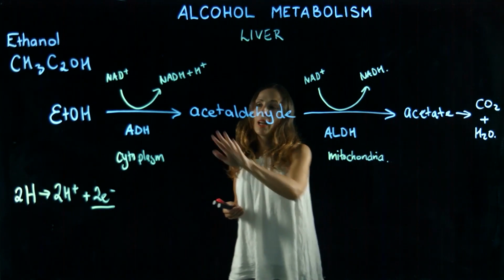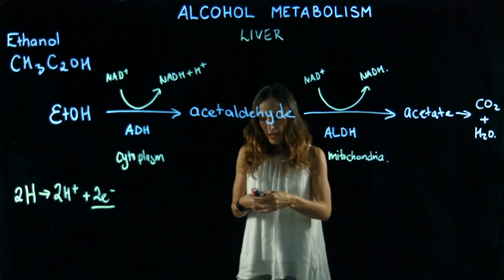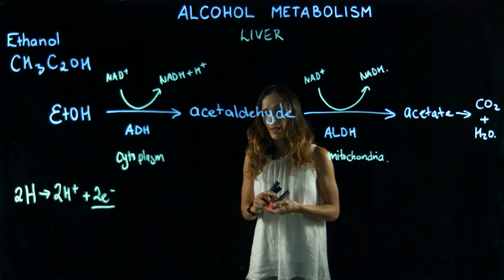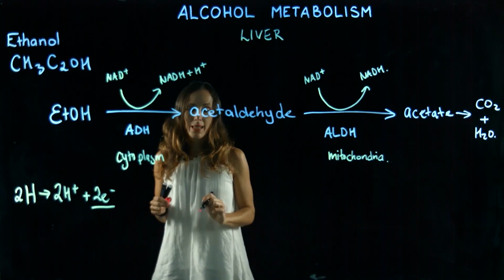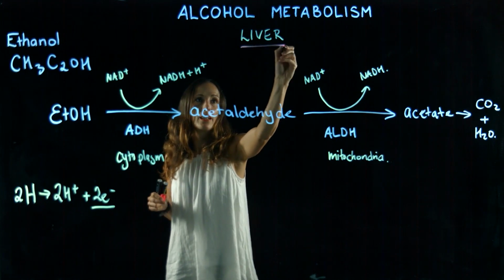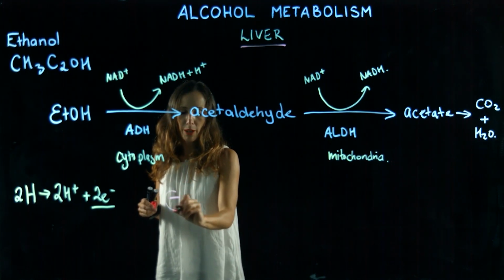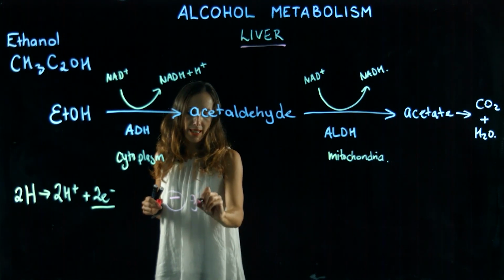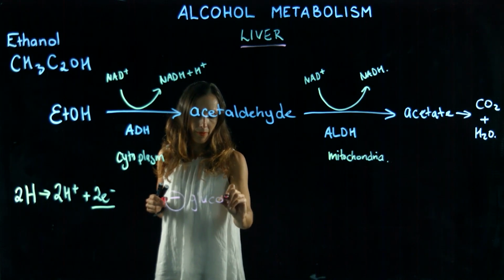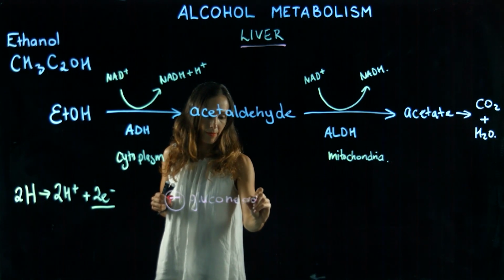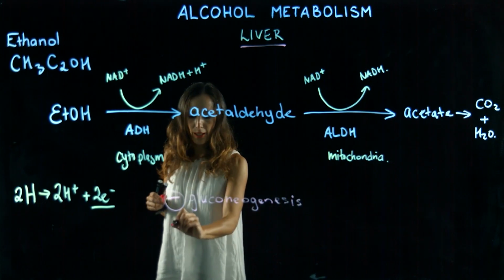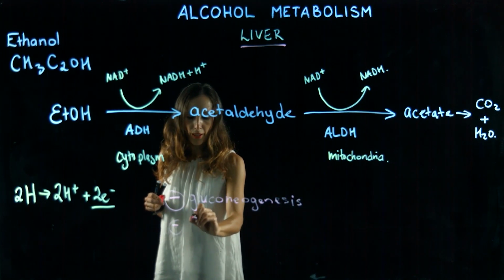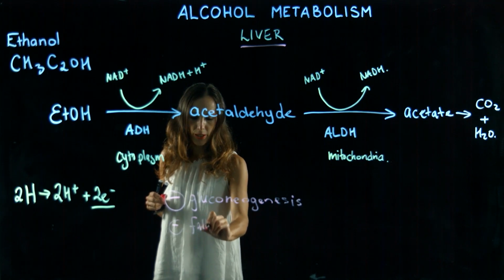If we have a large amount of NADH, that means we have other processes that are being regulated. When alcohol metabolism is being carried out in the liver, we have inhibition of gluconeogenesis, and we also have inhibition of fatty acid oxidation.